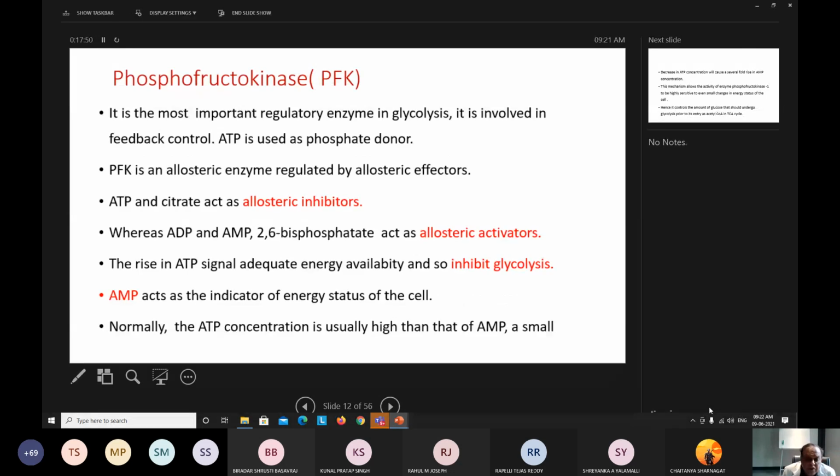Now, AMP is the one which promotes glycolysis. It acts as the indicator of the energy status of the cell. Usually ATP concentration will be higher than AMP.